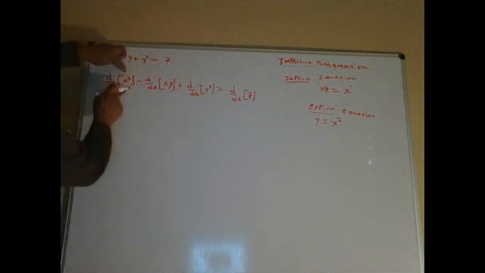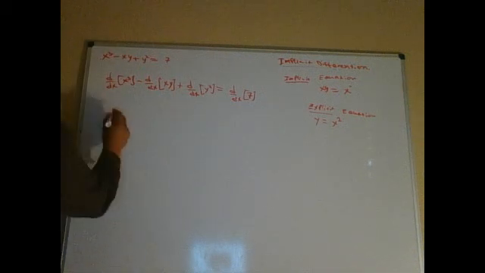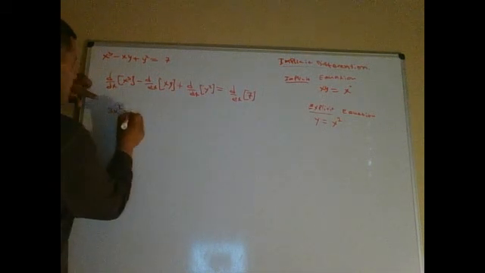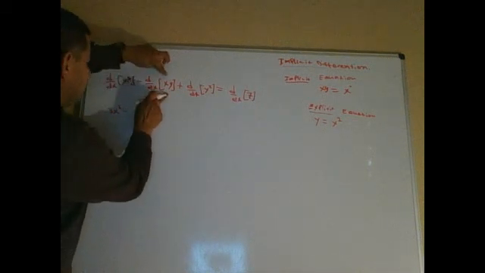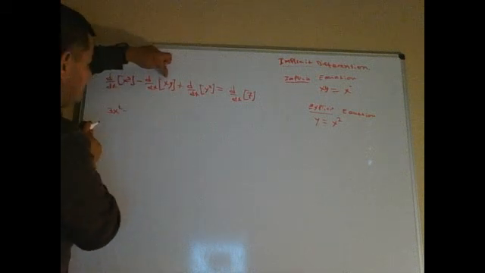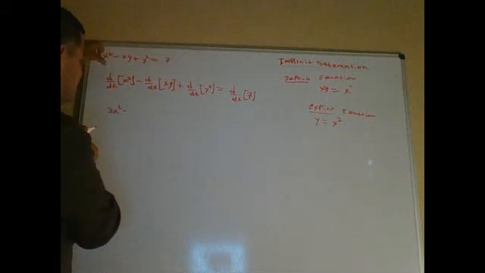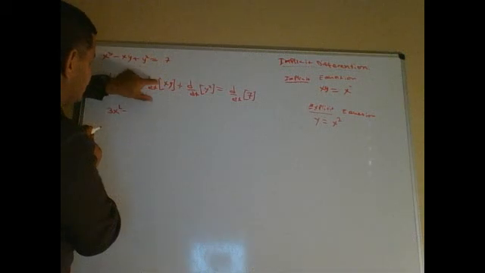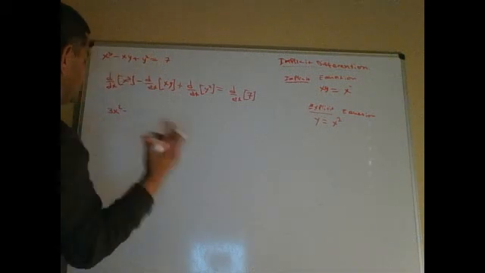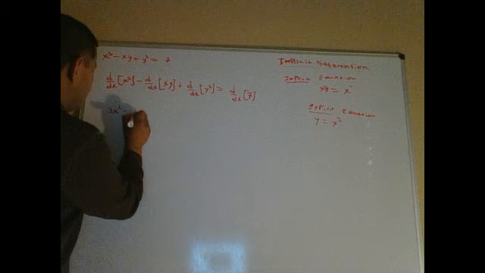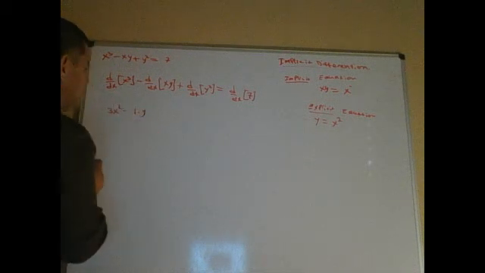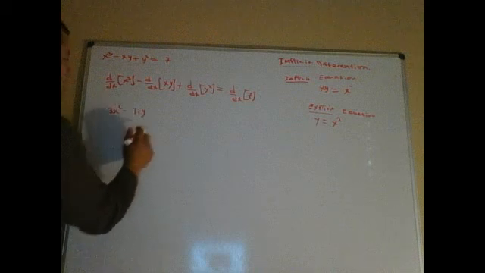Alright, so the derivative of x cubed is 3x squared, right? For the derivative of xy, this is the product rule, right? So I'm going to take the derivative of x. Well, the derivative of x with respect to x is 1, multiplied by y, right? It's the product rule.